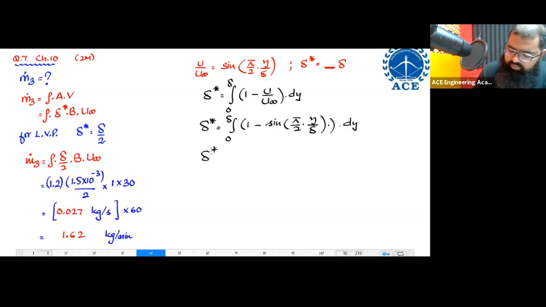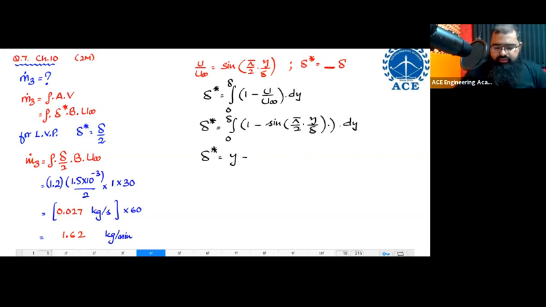What is integral 1 dy? That is going to be equal to y minus integral of sine of pi by 2 into y by delta, which is going to be equal to how much?